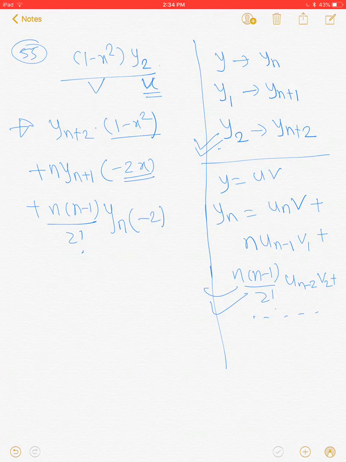No need to write the next step, because in the next step the derivative of minus 2 becomes 0 and all terms vanish.